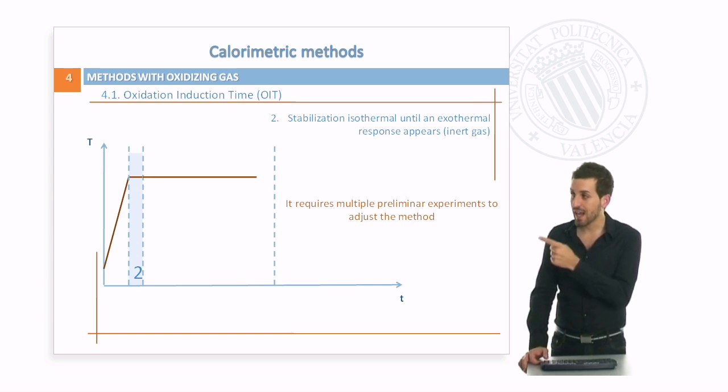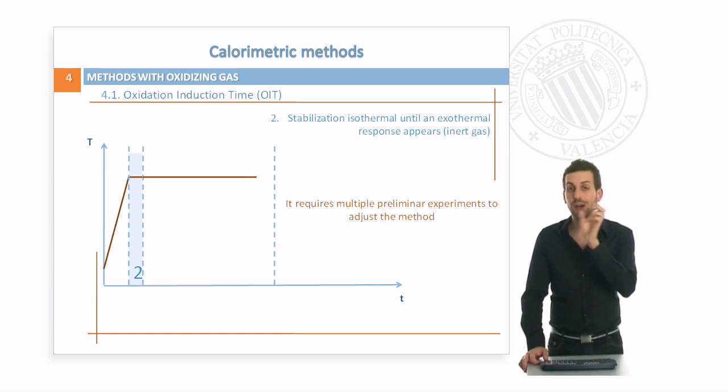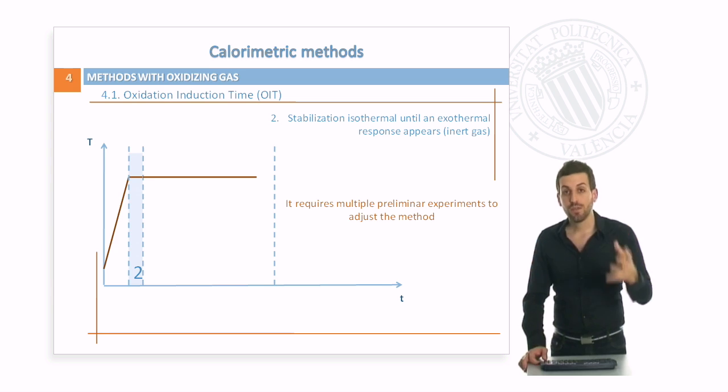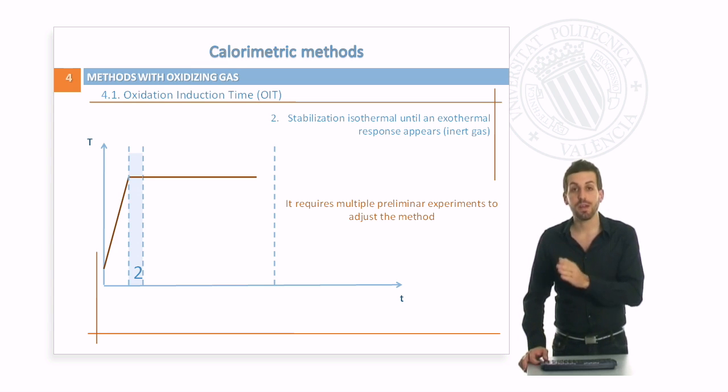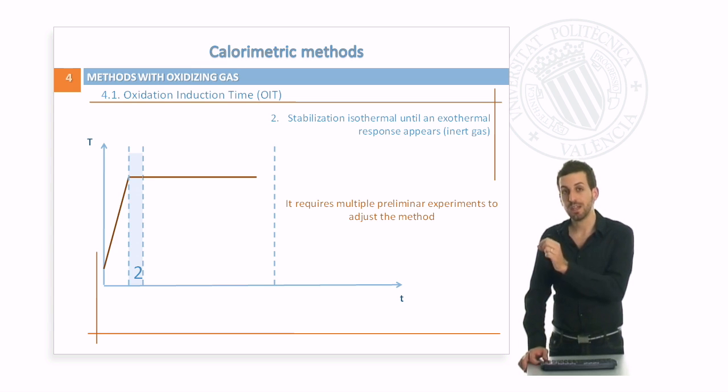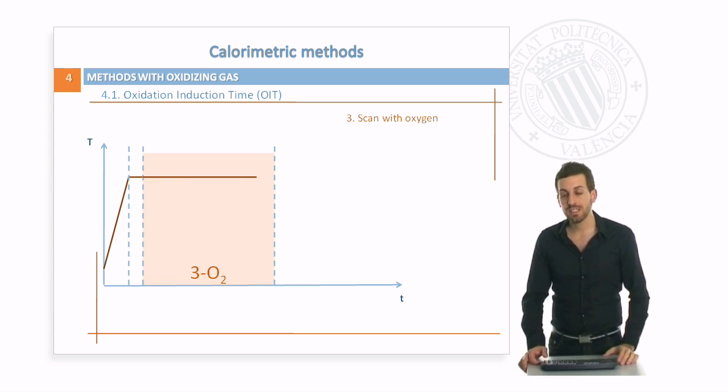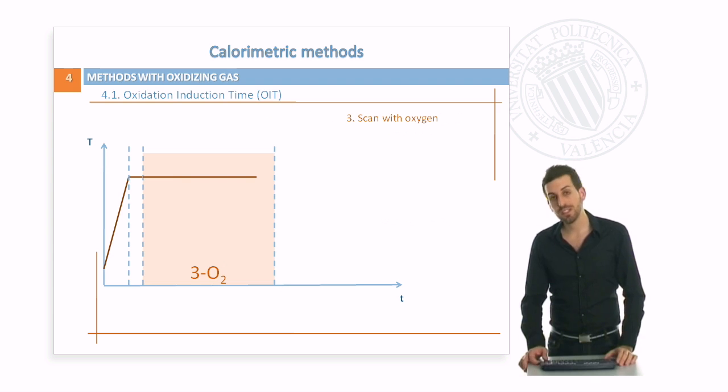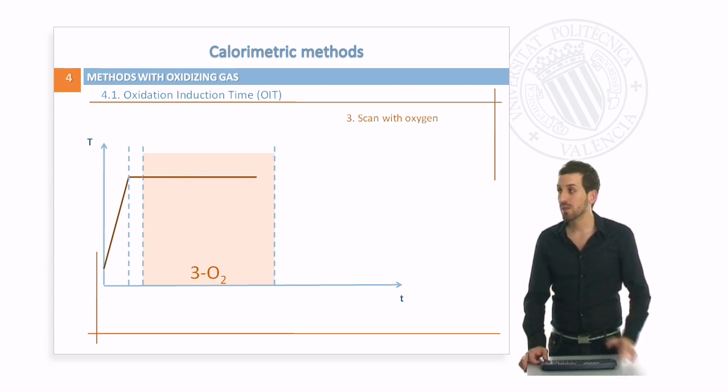That means that we have to apply multiple preliminary experiments in order to achieve this specific temperature and furthermore adjust our method. When this temperature is achieved, we will change the gas from inert to oxidative, in this case oxygen.